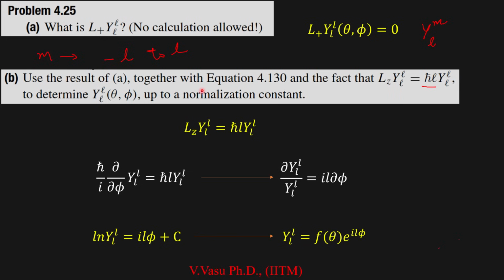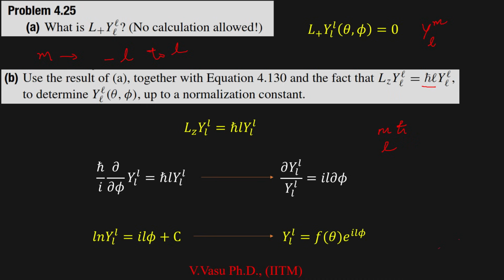This is part B. We know, as given in the problem, that when Lz acts on Y_l^m, it gives you mħ. But here the m value is the maximum value l, so this will be lħ with the eigenfunction Y_l^l.